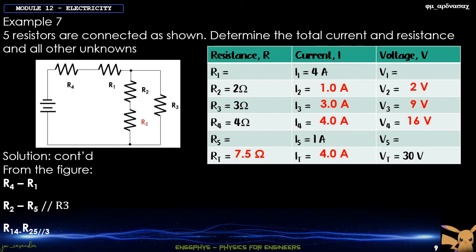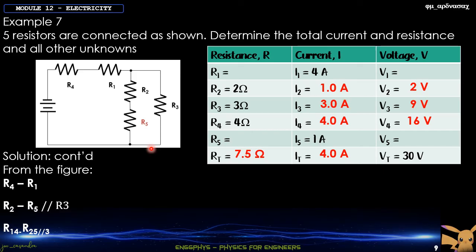So, as we have said, or as we have identified, R2 and R5 are in series. So therefore, the corresponding voltage of R2 and R5 will be equal to the sum of their individual voltages. Okay? And that for R2 and R5, yung combination nila, the combination of their voltages will be equal to the voltage of R3.